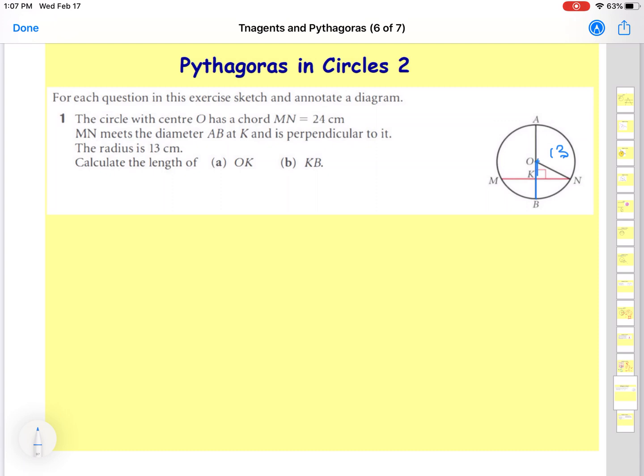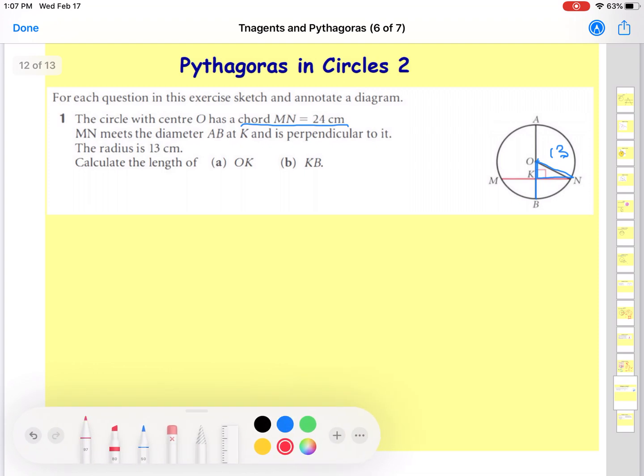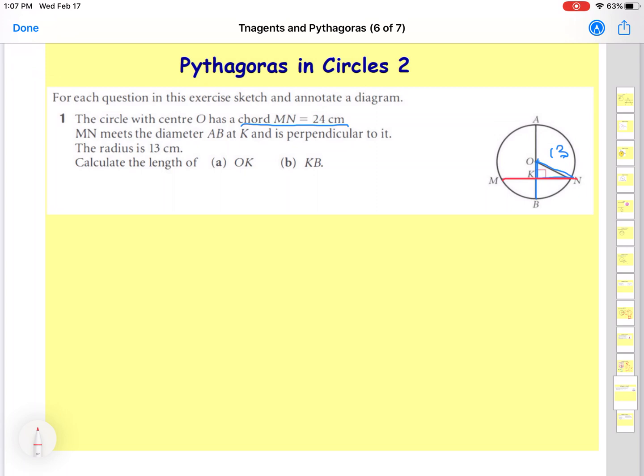What I'm given in the circle is a right angled triangle, OKN. I am told that the chord MN is 24. So the whole length of the chord, the red line, is 24 centimetres. Therefore, the bit at the edge, KN, has to be 12 centimetres.